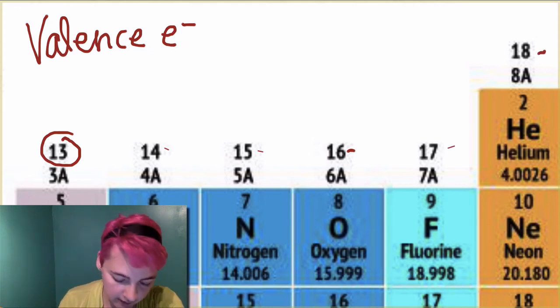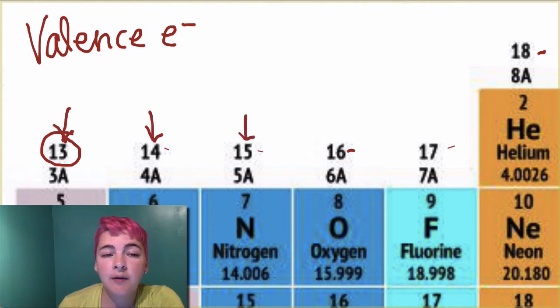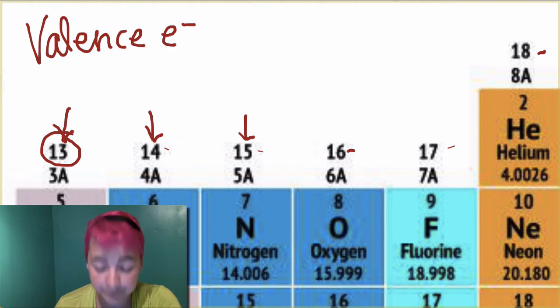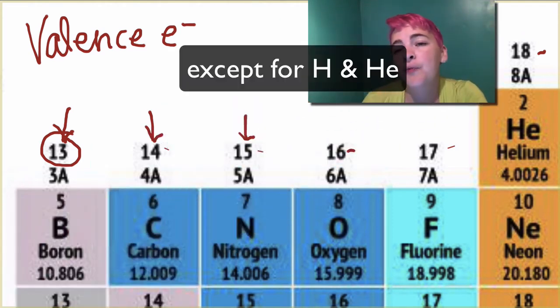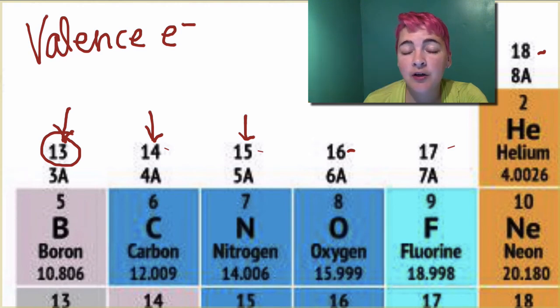If we take a look at the second number, the 3, the 4, the 5, that gives us the number of valence electrons within that atom. Boron has 3 valence electrons. Carbon has 4.